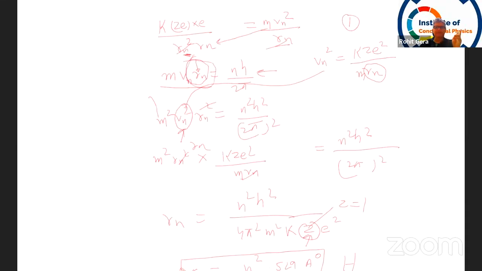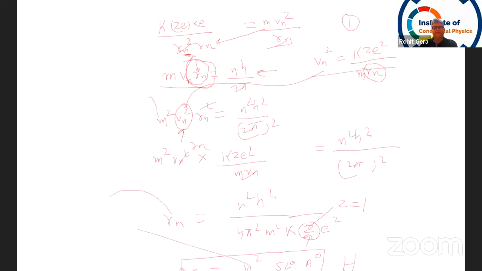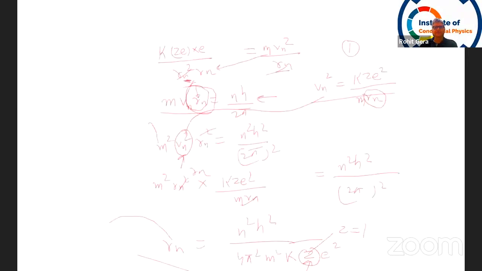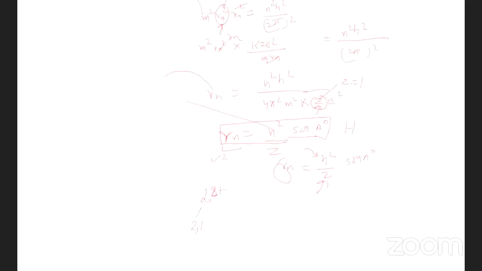You eliminated velocity, now you know the radius, so you can find the velocity. So basically, the force feature and the angular momentum feature were combined to get you the expressions for velocity and radius. Got it? Okay.